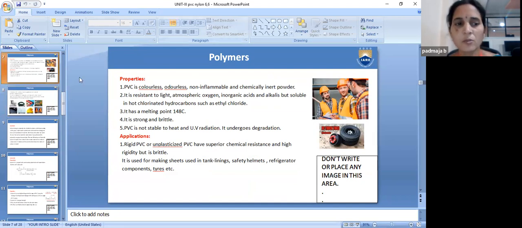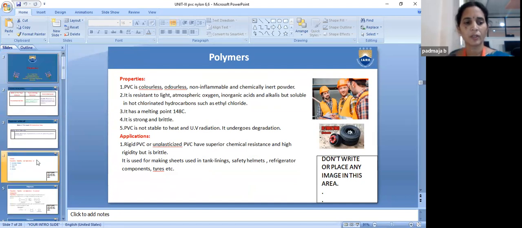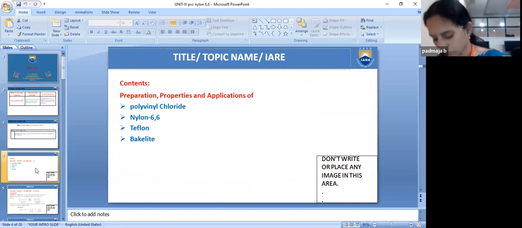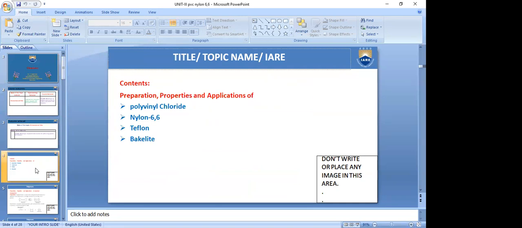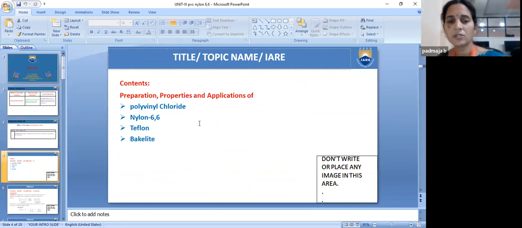Students, understood? For each of these 4, first you have to learn preparation. You can write in your chemistry notes: first write all preparations in one column, then in the next column write properties of PVC, nylon 66, Teflon, Bakelite.